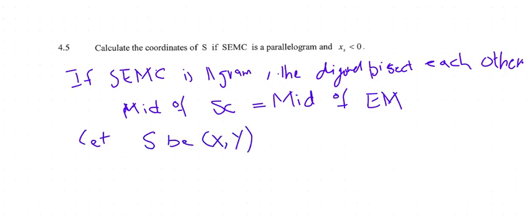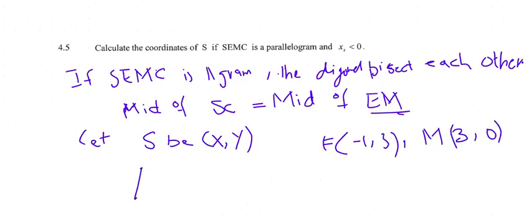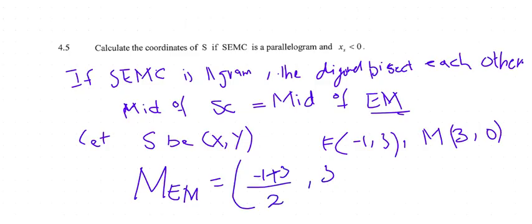We have E equals minus 1 and 3, and M equals 3 and 0. So the midpoint of EM equals minus 1 plus 3 by 2, 3 plus 0 by 2, and we got 1 and 3 by 2, okay?